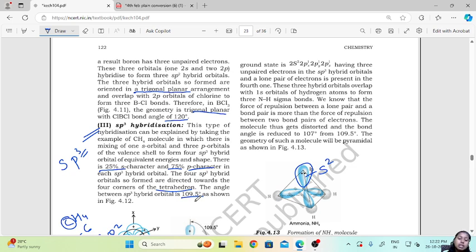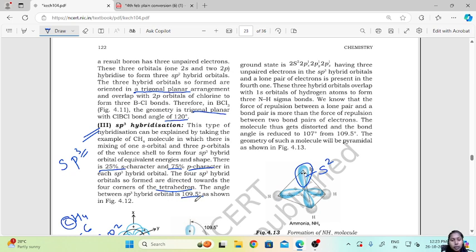The lone pair pushes the bond pairs in such a way that the repulsion is minimized. In that form, the structure is distorted, which reduces the bond angle.